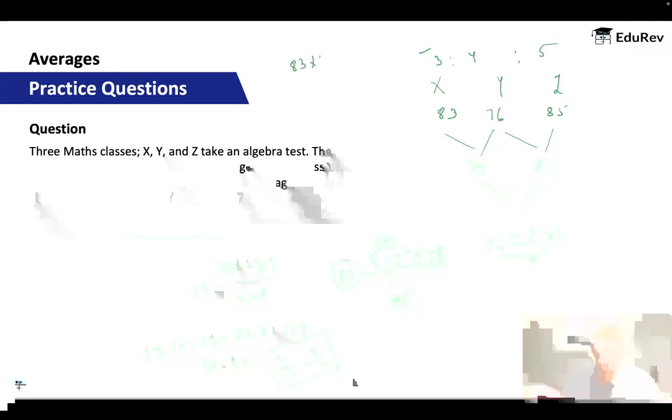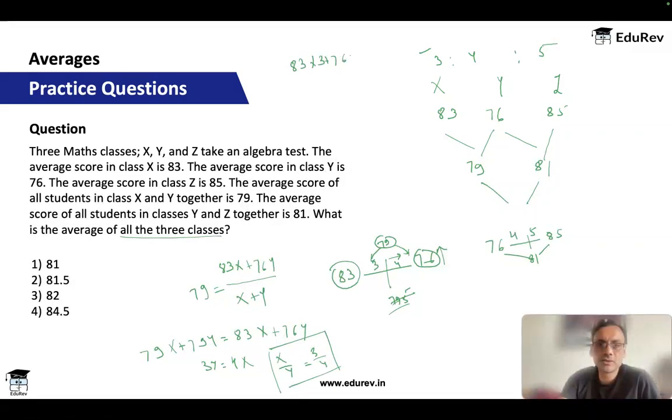Now the average of all three classes together becomes simple: 83 into 3 plus 76 into 4 plus 85 into 5, upon 12. I told you that the ratio is good enough. You don't need the exact number of students. So 83 into 3 is 249. 76 into 4: 70 into 4 is 280, and 24, so 304. And 85 into 5 is 425.